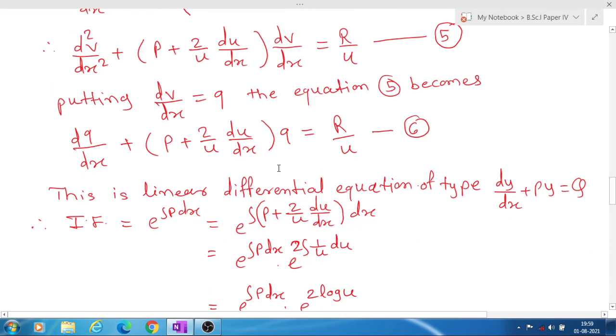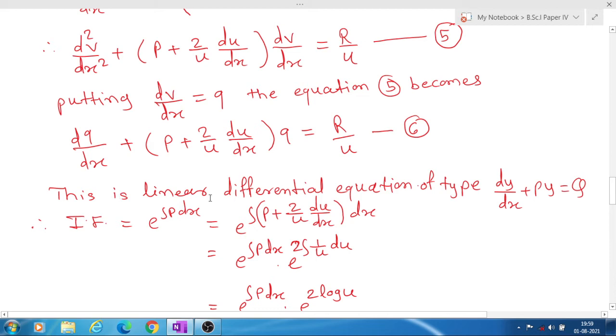Now if we observe this equation, this is dq by dx plus this bracket is whole function of x, whatever it may be, this is function of x, and into q, this q is here, and is equal to r upon u, this is function of x.